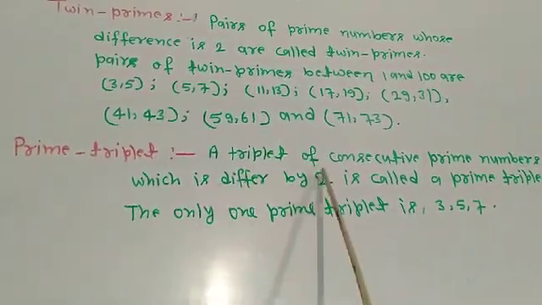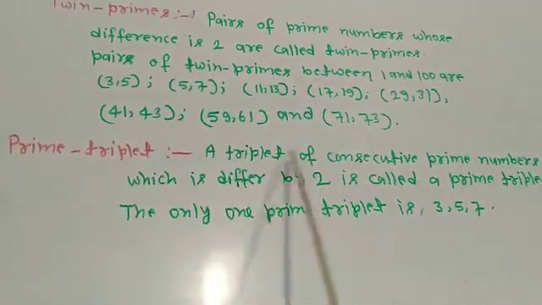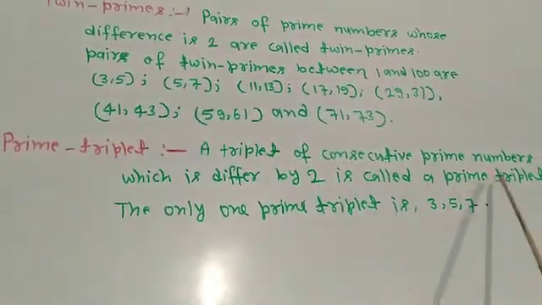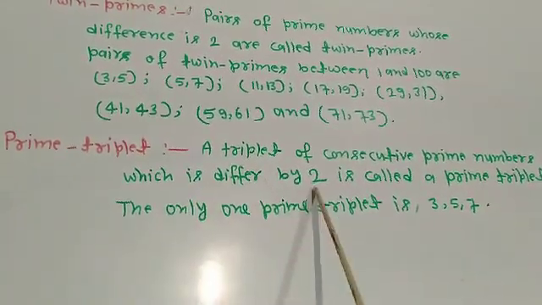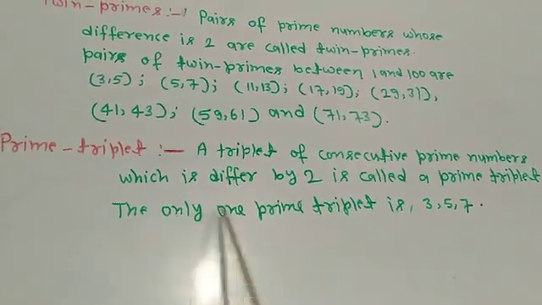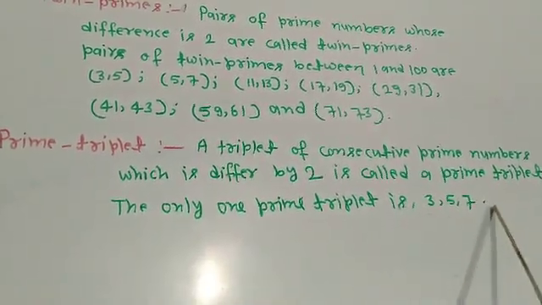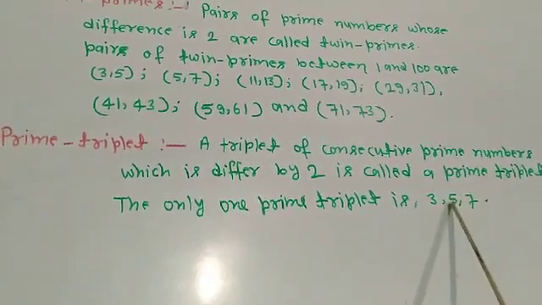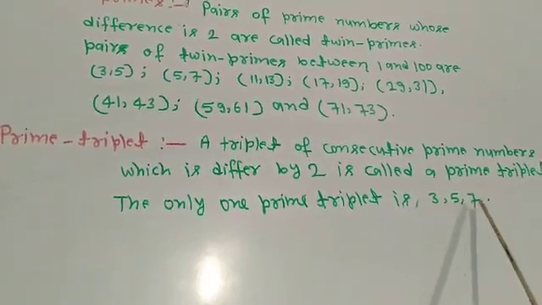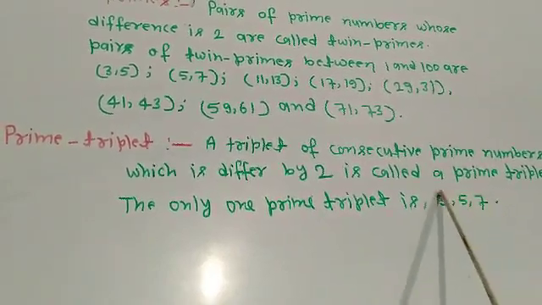A triplet of consecutive prime numbers which differ by 2 is called a prime triplet. The only prime triplet is 3, 5, 7, because 5 minus 3 is 2 and 7 minus 5 is equal to 2. So they differ by 2.